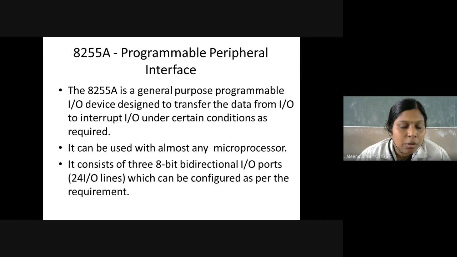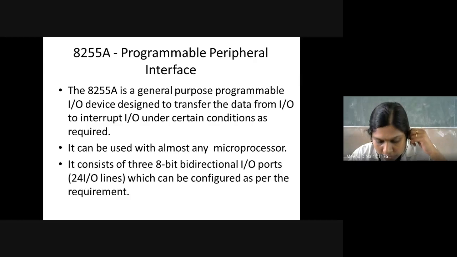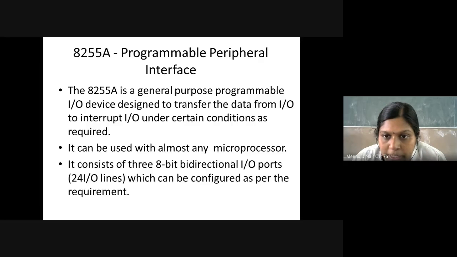Another point is that it can be used with any microprocessor. There are different microprocessors: 8085 is one, 8086 is another, then the 8051 microcontroller. The 8255 is compatible with all types of microprocessors.